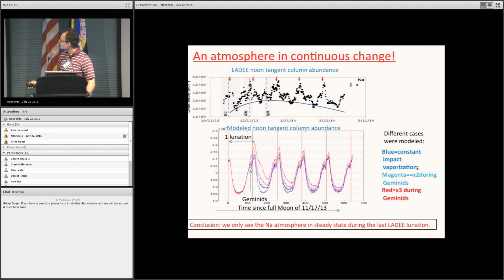This is beginning to be shown here in this model, in which, in addition to a steady state model of the atmosphere, and I'll explain how you get these wiggles, which is really the monthly variation that we're going after. In the red line, imagine that we're shooting an enhanced emission coinciding with the Geminids for 5 days.